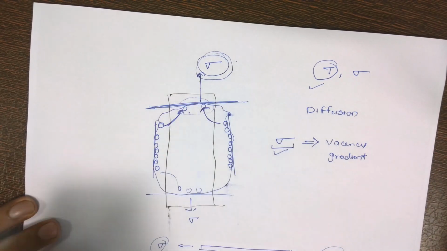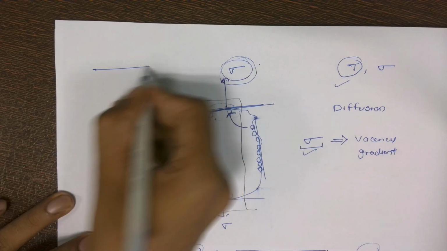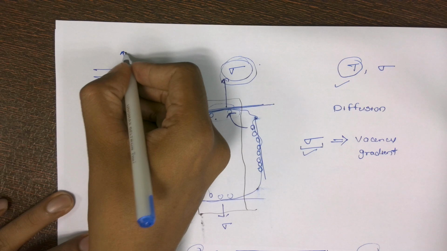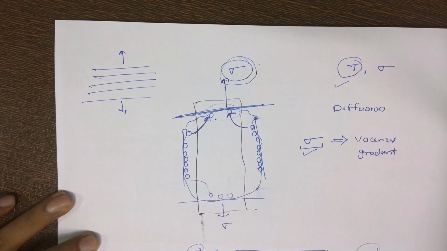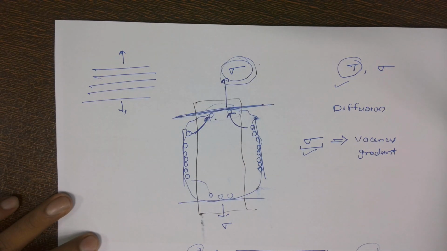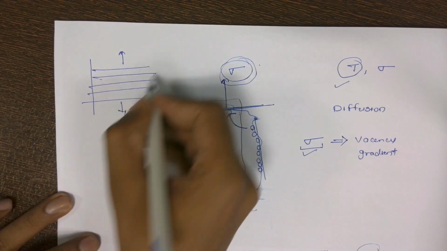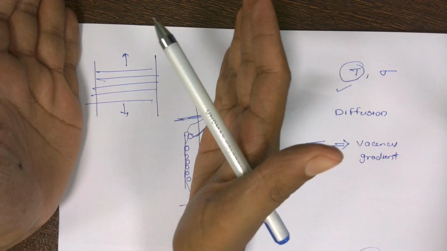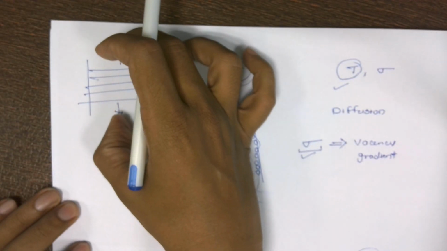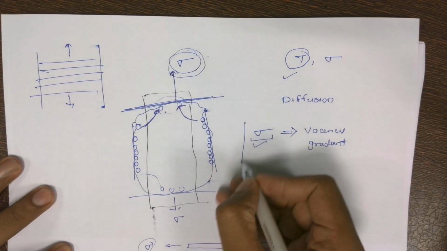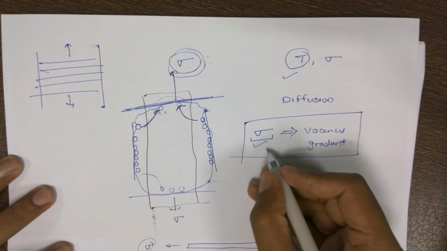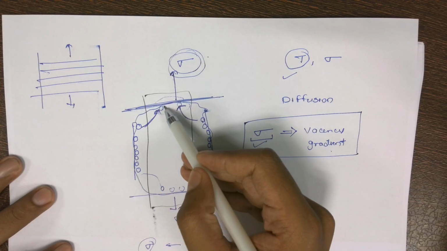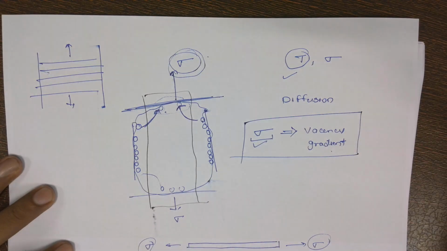For example, let's say I'm talking about single crystals, and I'm applying the force over here. What will happen? The plane will expand, right? While this particular type of plane will try to contract. In this direction it will contract, in this direction it will expand. So by application of the stress, we are creating the vacancy gradient, and this vacancy gradient is there between the perpendicular and the parallel planes.